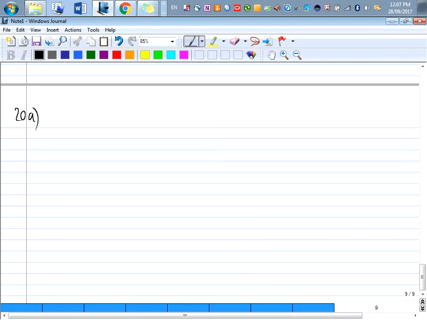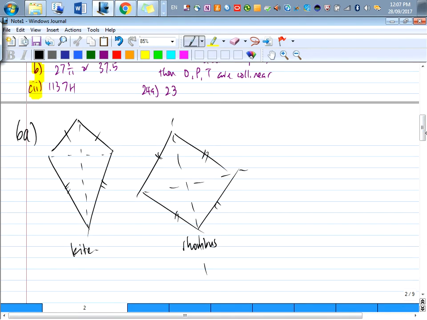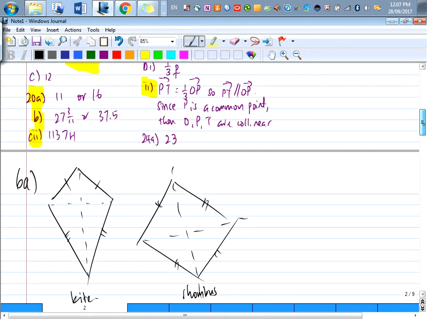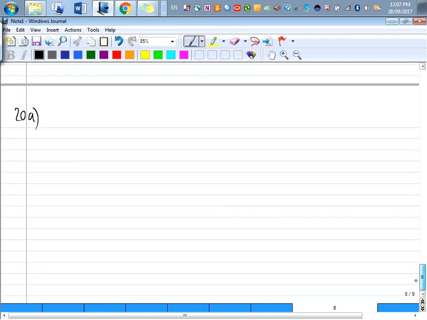Okay? Now, average speed. So, using the same argument, I will have 2 answers. Either 27 and 3 over 11, or 37.5. Okay? Then I think you are dying to know why C part 2 you get it wrong.